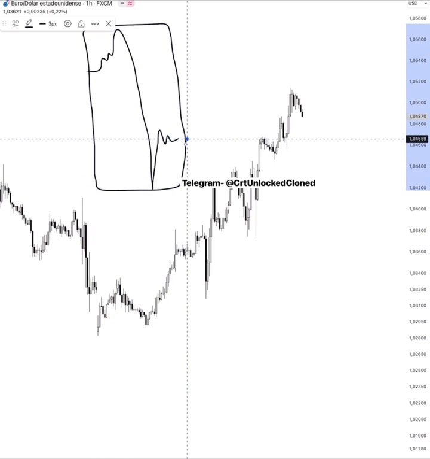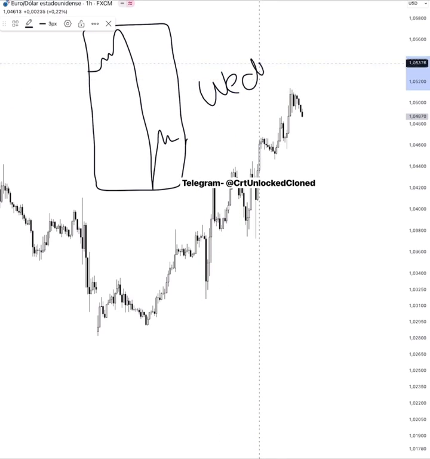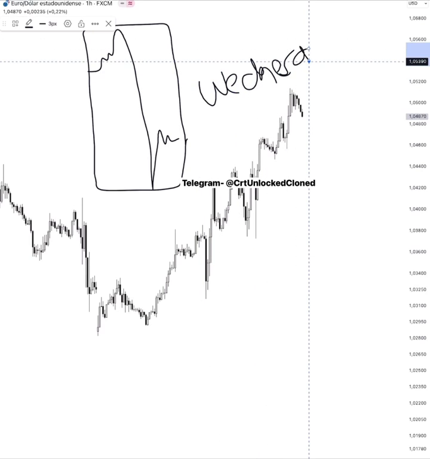And that's something which you are going to have to go back to the charts and see for yourself. Right, that's the Wednesday model.